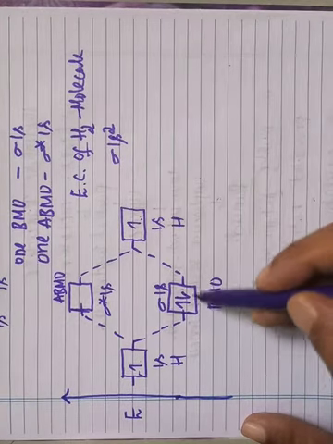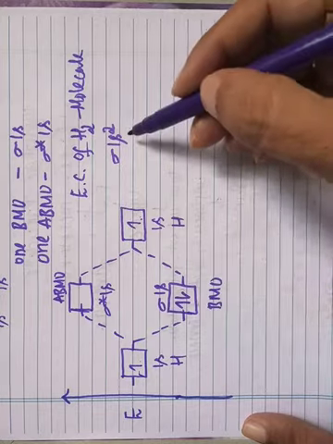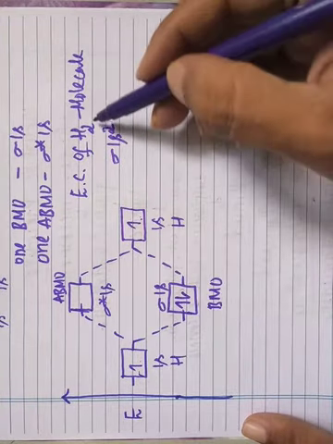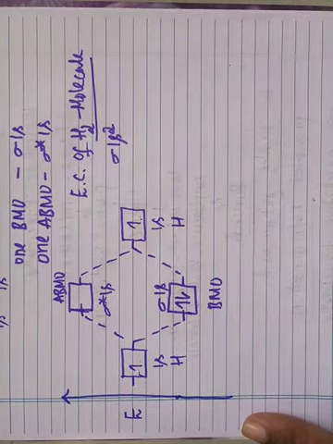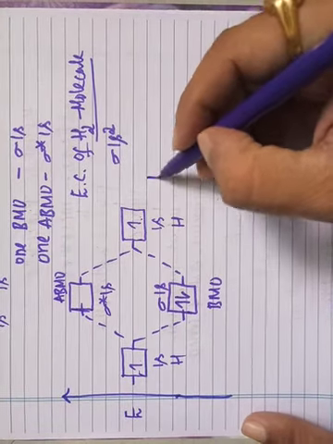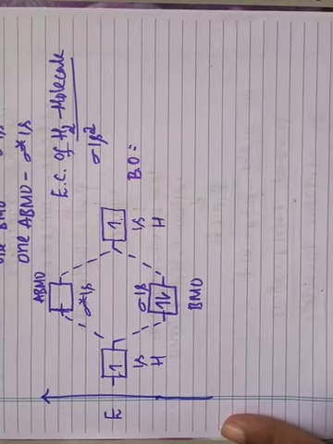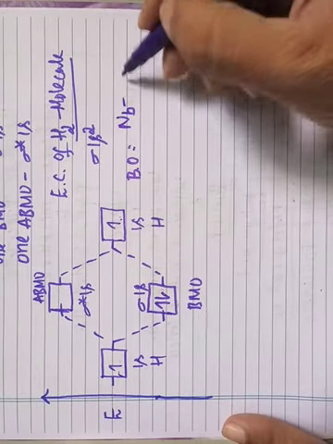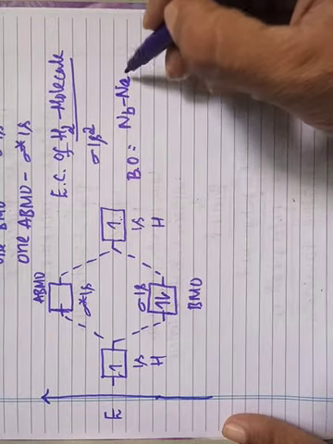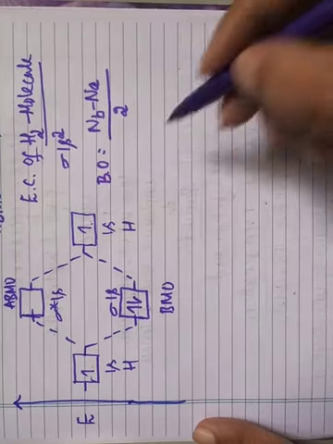Because both the electrons will occupy the sigma 1s molecular orbital, the electronic configuration of the hydrogen molecule is sigma 1s2. So let us calculate its bond order. Bond order is given by Nb minus Na divided by 2.